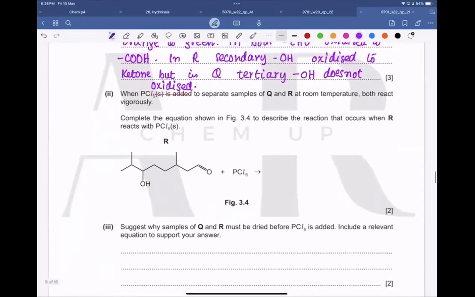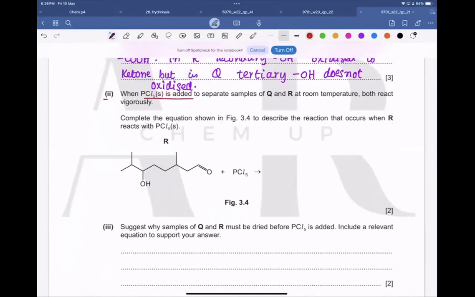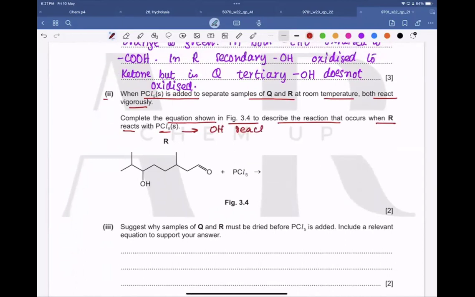Okay. Now, part 2. When PCl5 is added to separate samples of Q and R at room temperature, both react vigorously. Complete the equation shown in figure 3.4 to describe the reaction that occurs when it reacts with PCl5. So with PCl5, OH reacts.